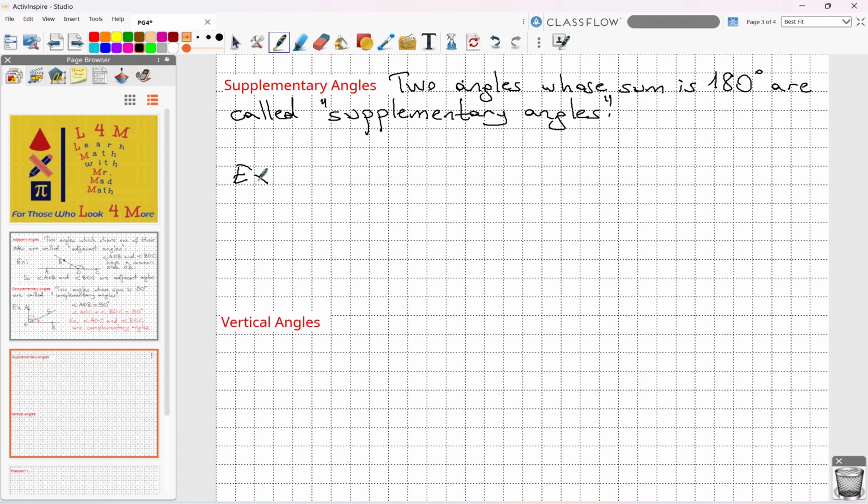Okay, let's give a quick example again. That was the example which I gave for adjacent angles. Let's say angle AOB and angle BOC.